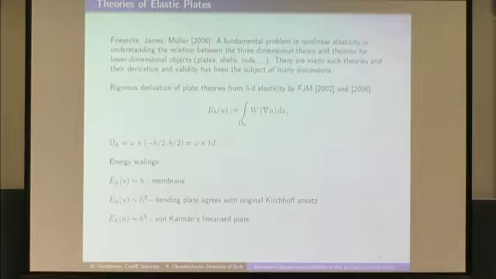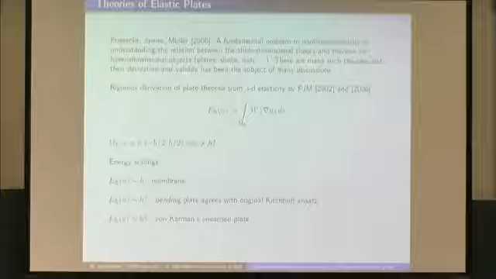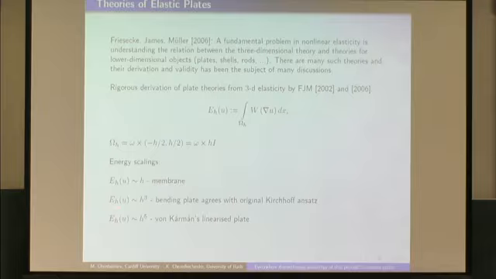Now, if you go to lower energies, things become more difficult to explain, why these energy levels give you certain regimes. But this is the theory that they developed, right? So we have energy scaling of order h cubed, which means that the density of the energy is of order h squared.